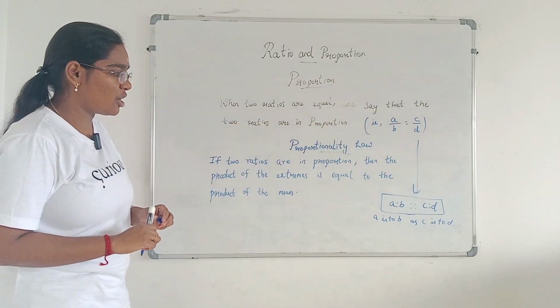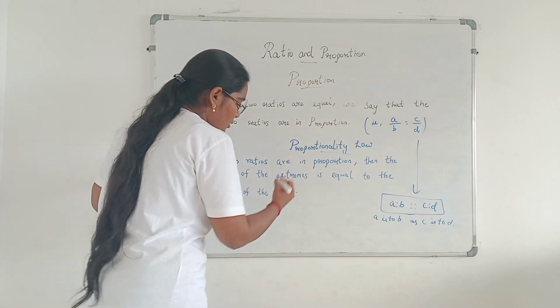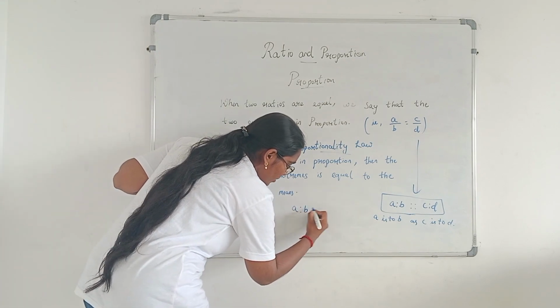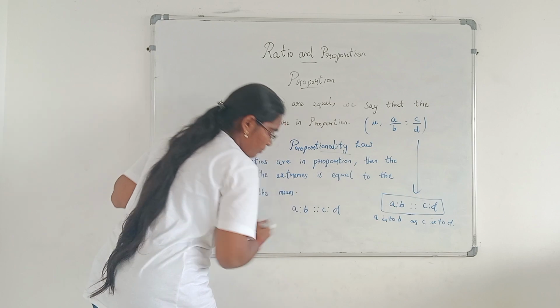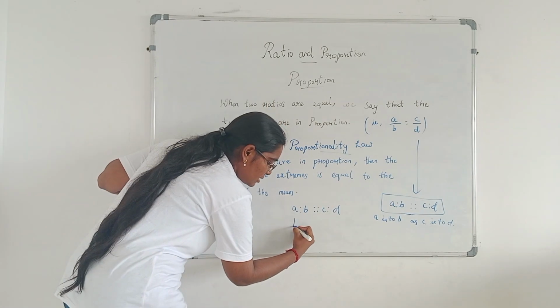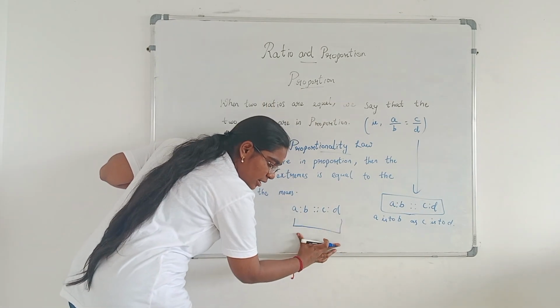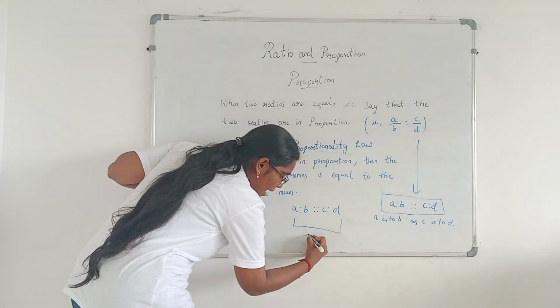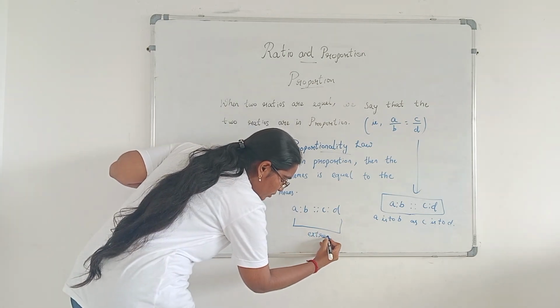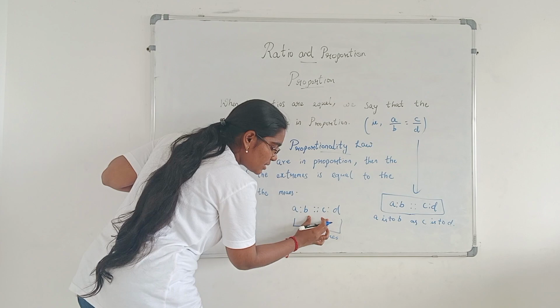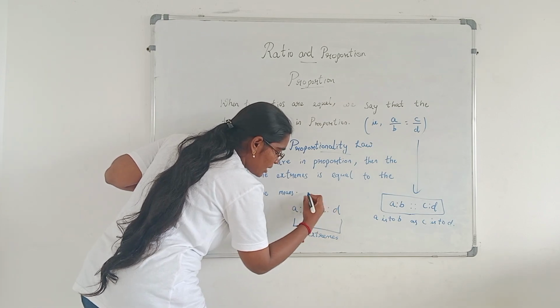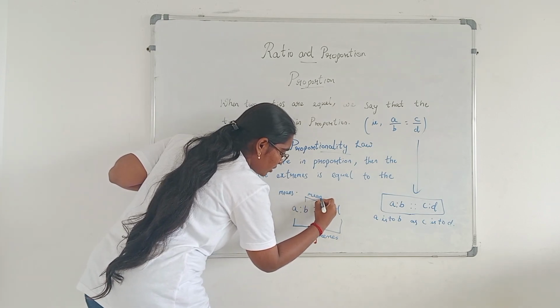Next, proportionality law. Proportionality law means A is to B as C is to D. The terms in the outer part are known as extremes. The terms in the inner part are known as means.